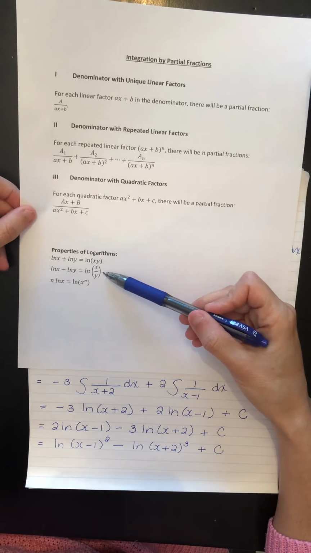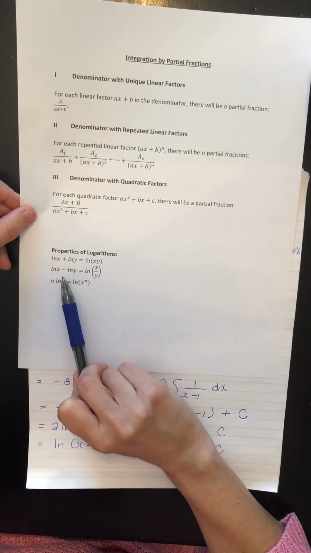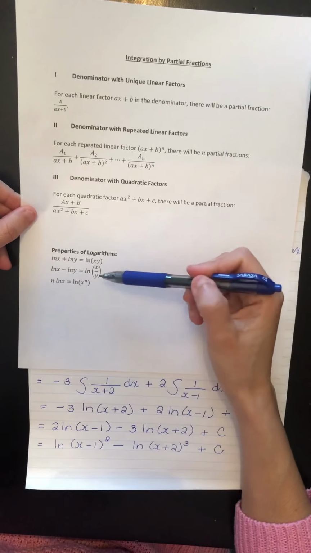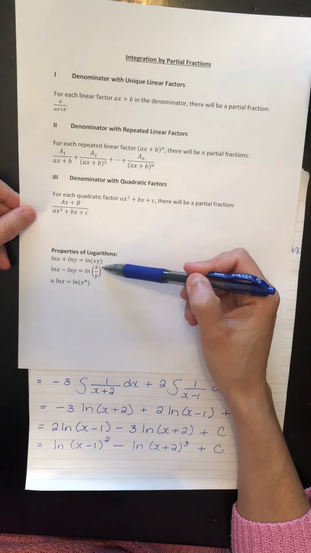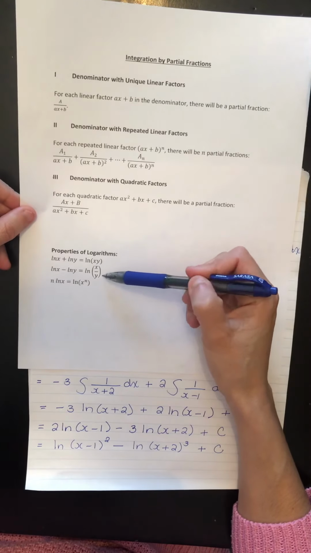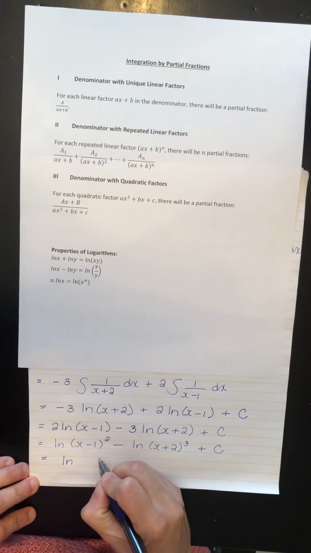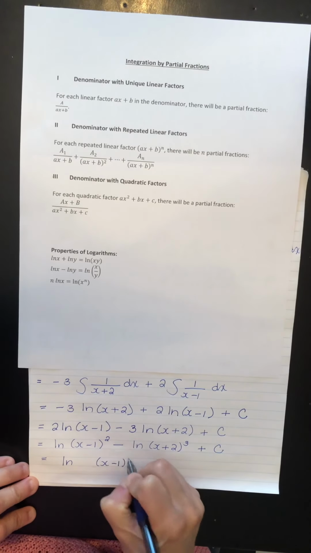Now we'll use this property. If we have the subtraction of two logarithms, it's like writing it as a single logarithm. The argument will be a quotient. And so our final version will look like this.